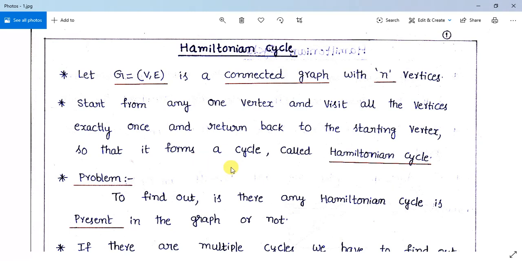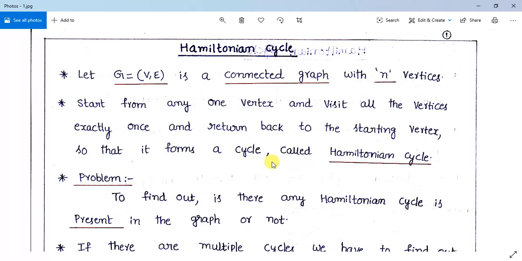That is nothing but the Hamiltonian cycle. So in a graph you start from any vertex, visit all the vertices exactly once, and finally return to the starting vertex, forming a cycle.